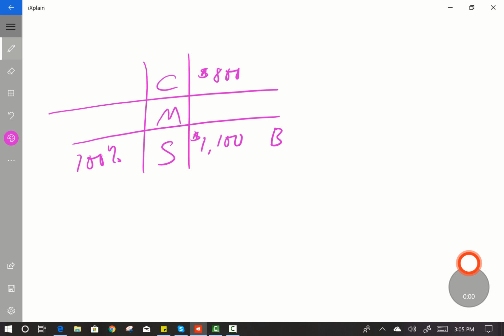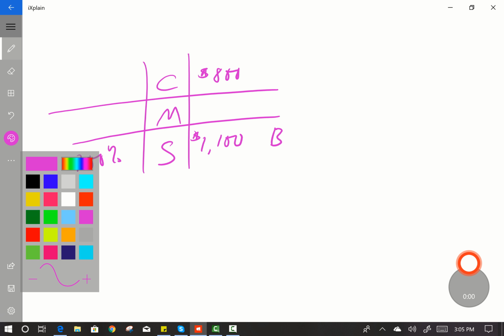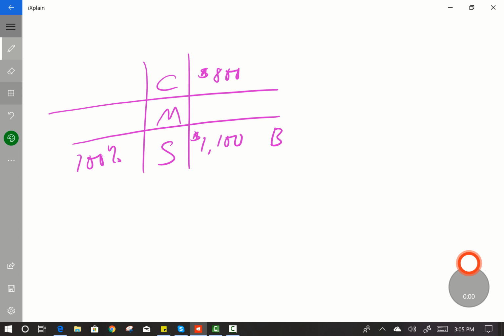I want to go to the first place I can add or take the difference, and the difference between the cost and the selling price is $300. I want to make that the part, since I'm on the right side and I go straight left. This is on the left side, so that's the rate. I have a value for the base and for the part, so I'm solving for rate, and rate is equal to part divided by base.